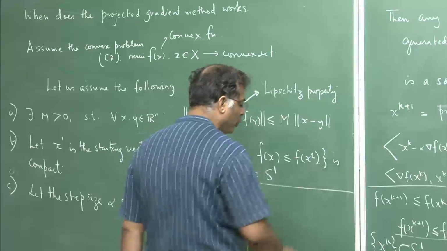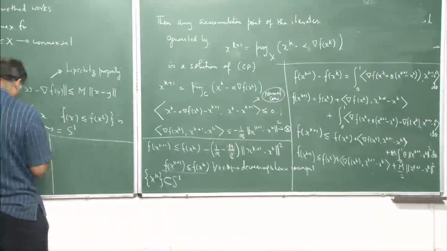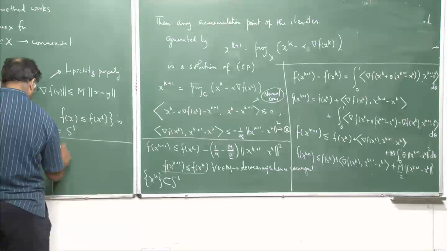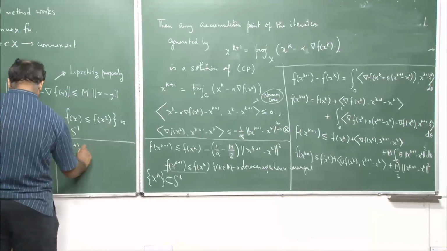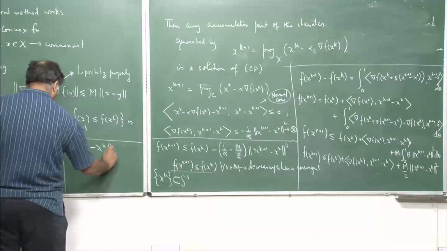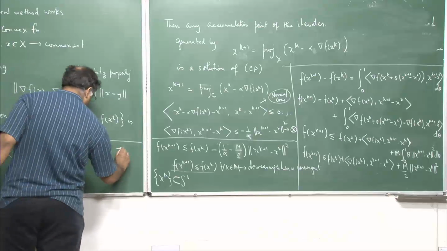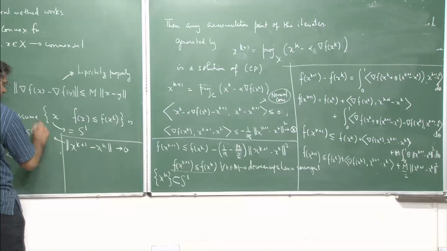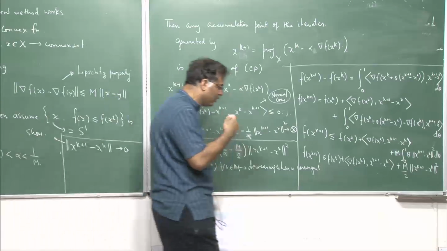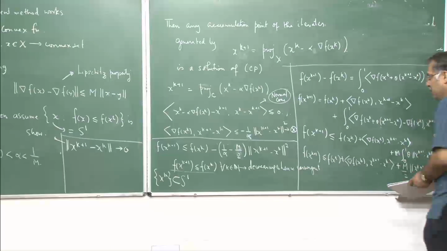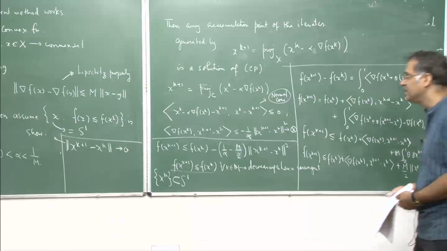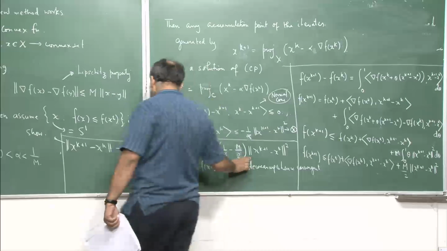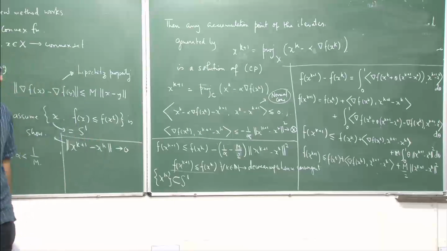Then it is your job to prove from this equation that the norm of x_{k+1} minus x_k is going to 0. Show. It is a very simple thing. If you know some bit of manipulation and can do a little bit of analysis, you can easily show from here that this result actually holds.